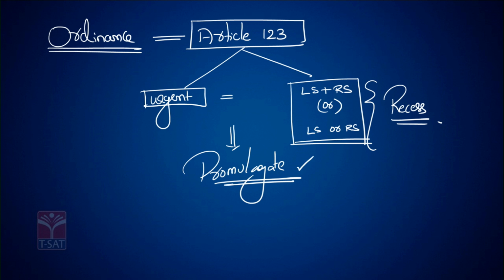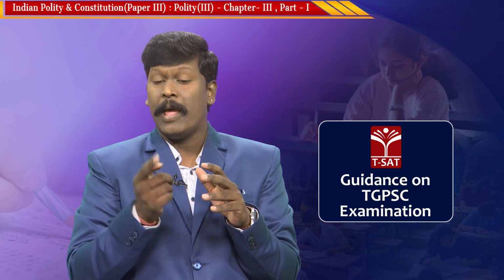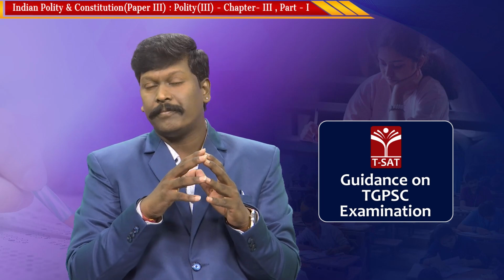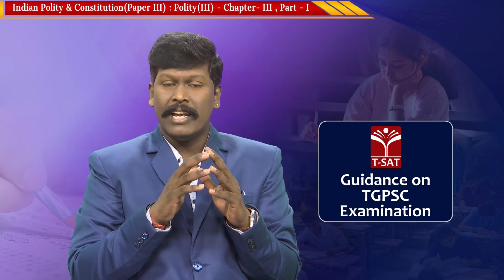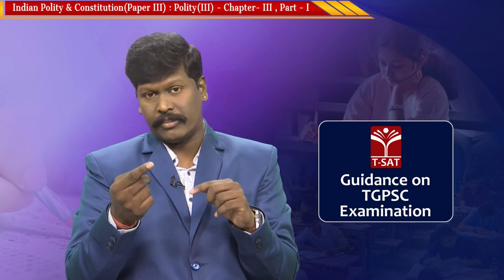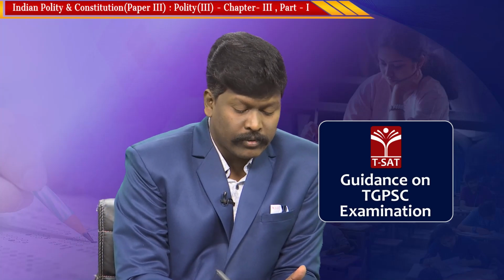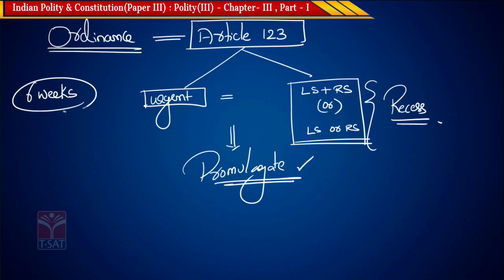This ordinance is a temporary law only. The ordinance can become permanent when it is accepted by both Lok Sabha and Rajya Sabha within 6 weeks from their next meeting.